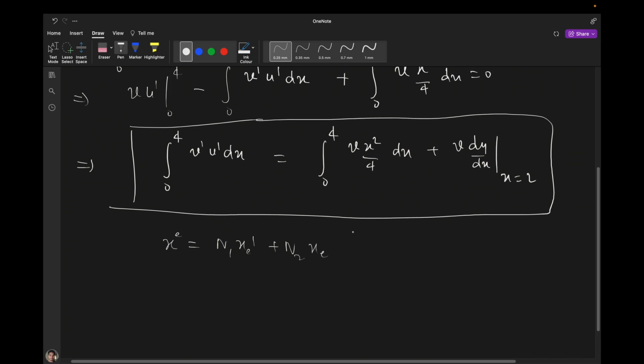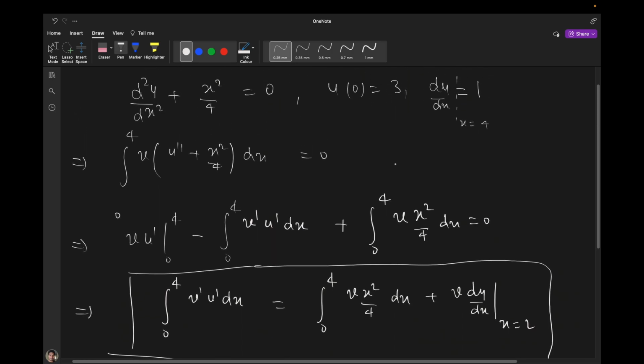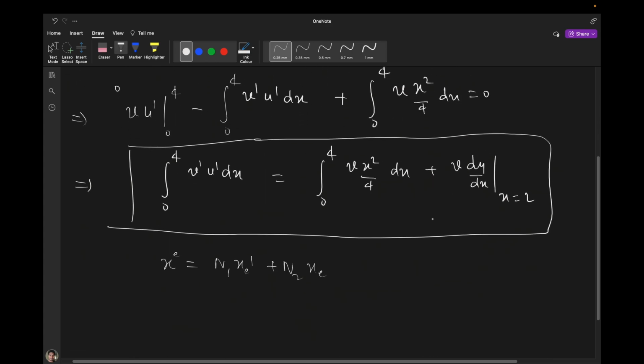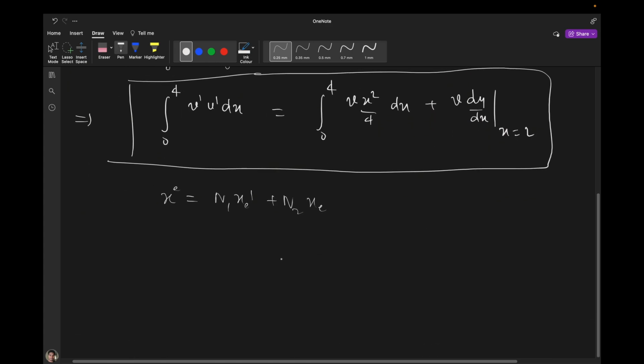Suppose when you discretize this whole domain 1 to 4 as 3 or 4 elements, we have a general element e, and we take the domain as N1 x_e1 plus N2 x_e2 plus dot dot dot, something like that.